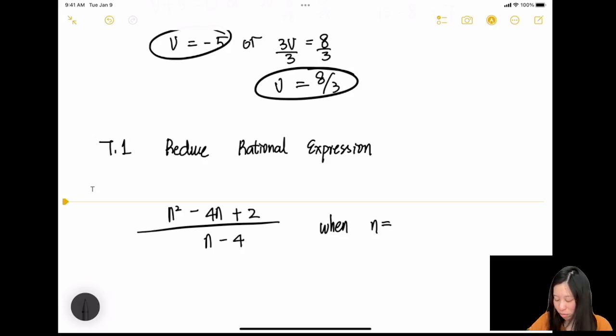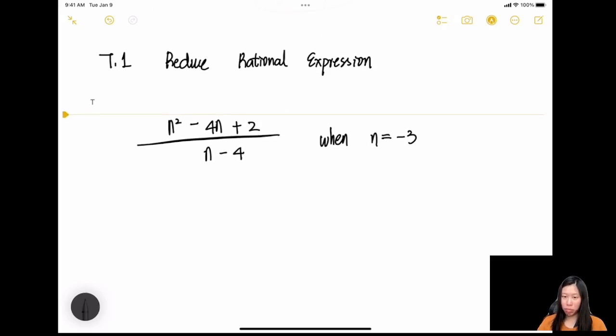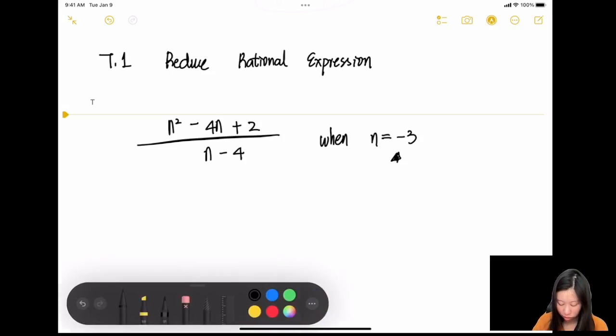Let's use negative 3. First of all, when you substitute n equals negative 3 into the function, you need to remember to always put the parentheses. It's really important because there's a sign. If you don't have parentheses, it will change the sign, and you might not even notice.